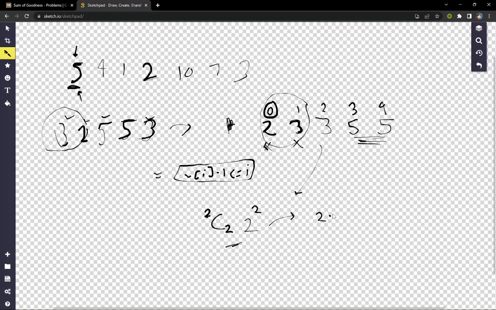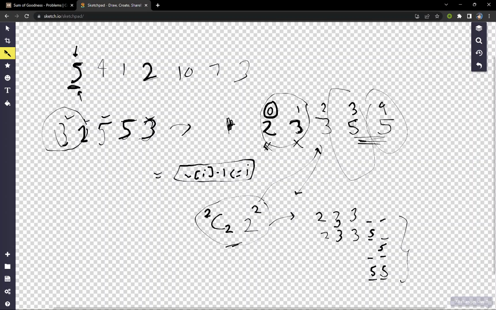The first sequence will be 2 3 3 and take nothing, and the second sequence will be 2 3 3 and take only 5, in the next take only this 5, in the next take both 5s. So it will form exactly 2 to the power of the number of numbers greater than it, correct? I hope you get the idea for this number. So this was the contribution by these three.